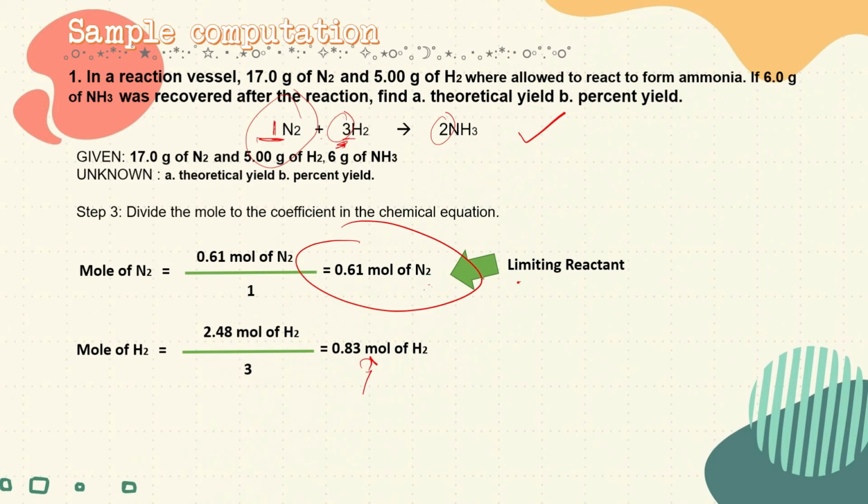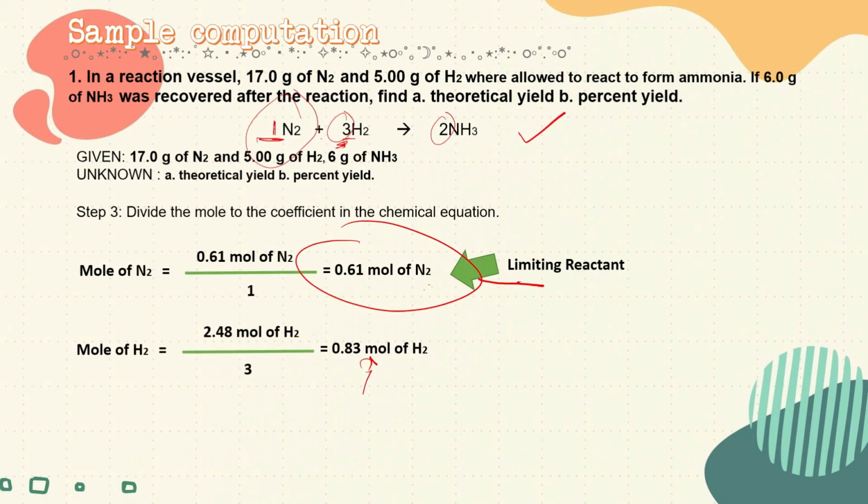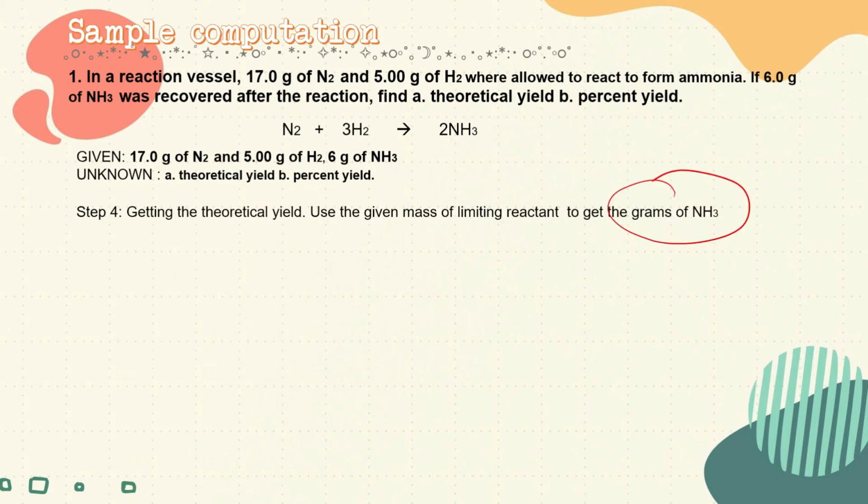So we use this one in our step 4, wherein step 4 is getting the theoretical yield. And the theoretical yield is the gram, the mass of the ammonia. So we use the mass of the nitrogen since nitrogen is the limiting reactant.